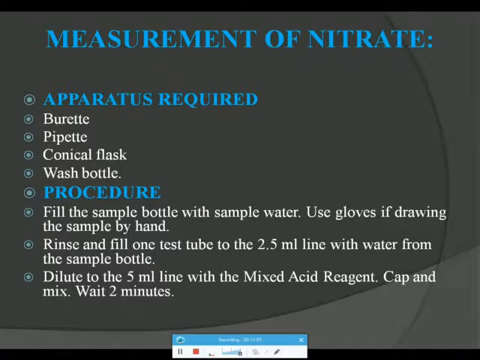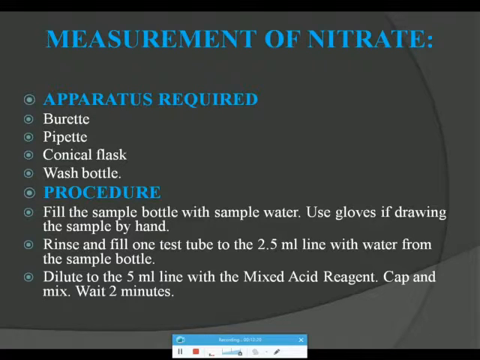Clean and dry a set of cuvettes. Label the cuvettes 0 ppm, 2 ppm, 4, 6, 8 ppm. Fill each cuvette with the appropriate solution.